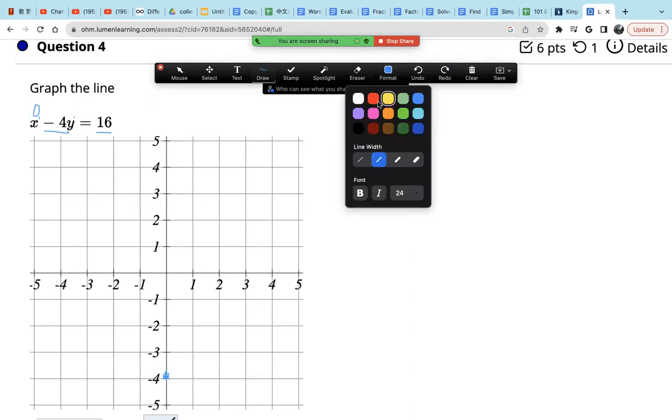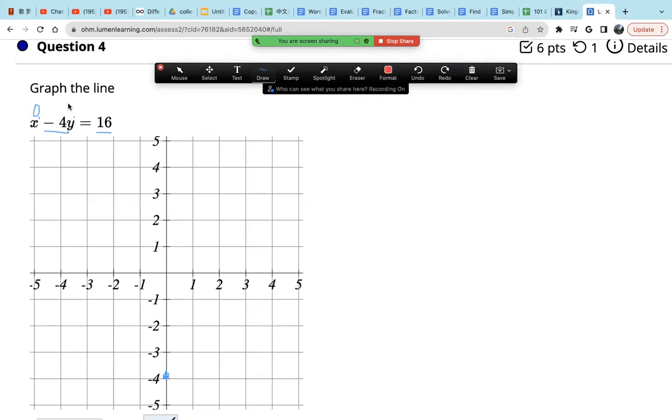Now, let y be 0. If y is 0, negative 4 times 0 is 0, then x equals 16. Well, 16 is too big. Let's see, let y equal negative 3. Negative 4 times negative 3 is positive 12.